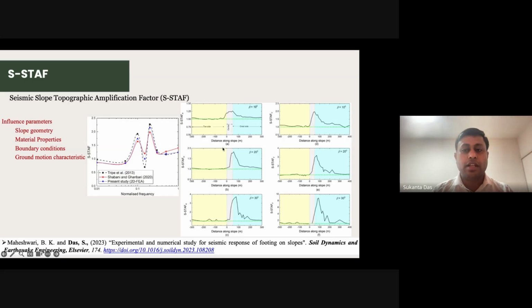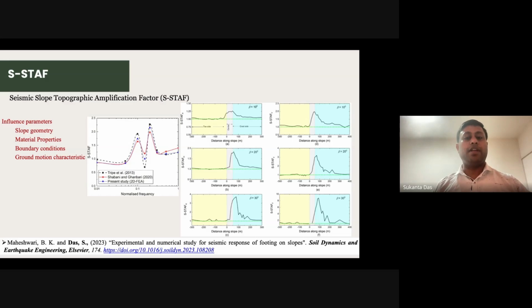As the slope increases, we can see more than 1.5 times, more than 3 times, and 3 times is quite high. From the numerical studies so far, we can see 1.5 times, 2 times, up to 3 times, which is quite possible due to slope topographic amplification.